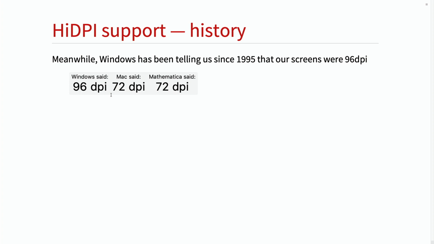And Windows has been telling us 96 dpi since Windows 95. Well, there weren't really any 96 dpi monitors back then, but Windows wasn't looking at the monitor. It just said, you're running a 96 dpi monitor.